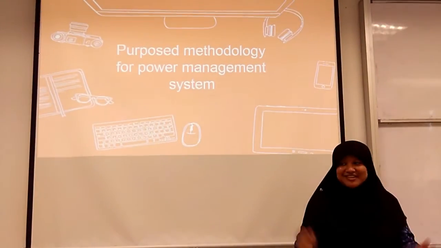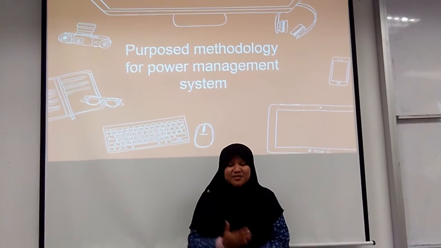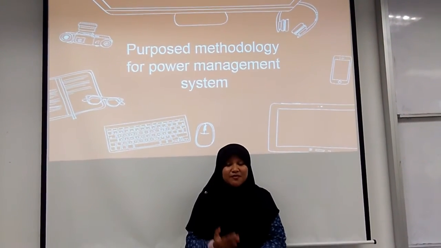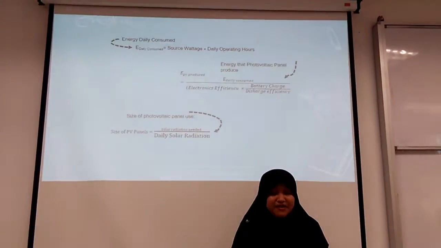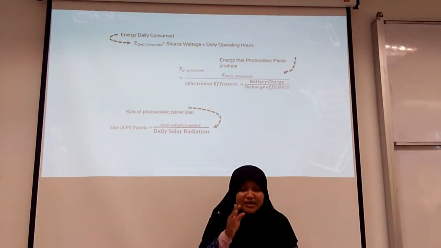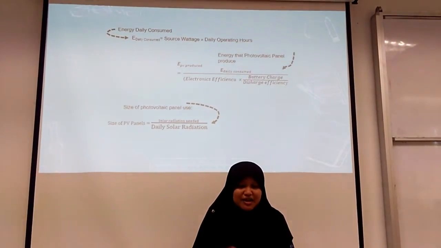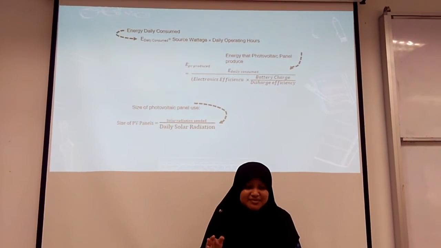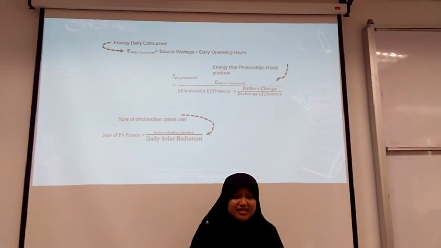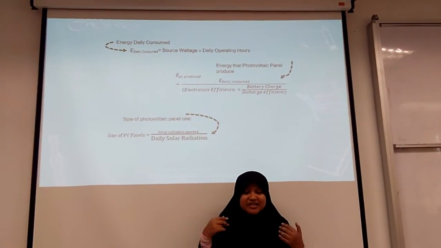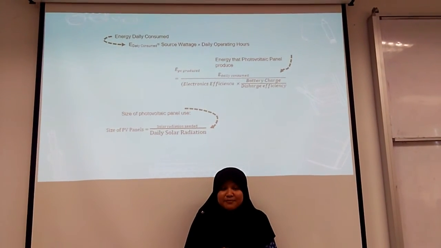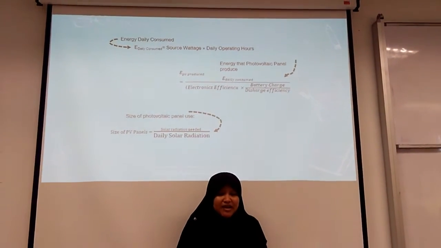Next slide. I will explain the proposed methodology for the power management system. First, energy consumed is equal to source wattage times daily operating hours. Next, we also take note of the energy that the photovoltaic panel produces.